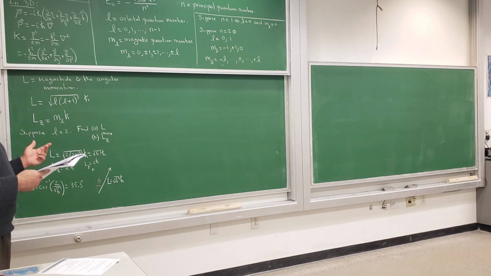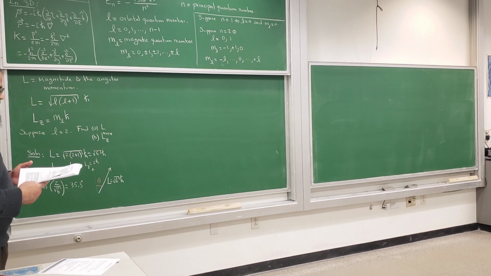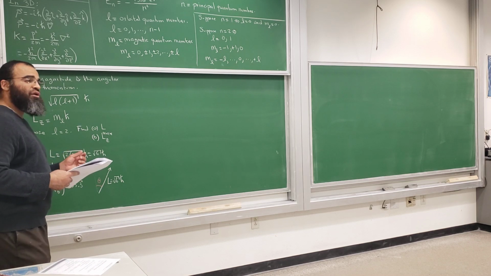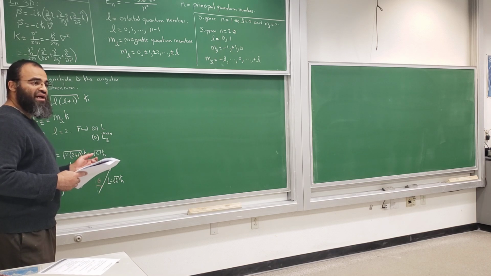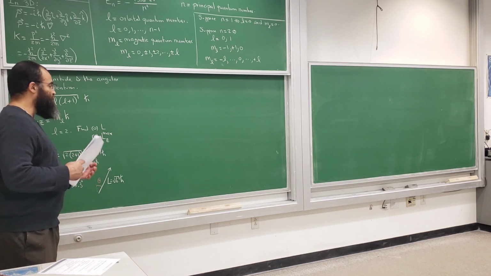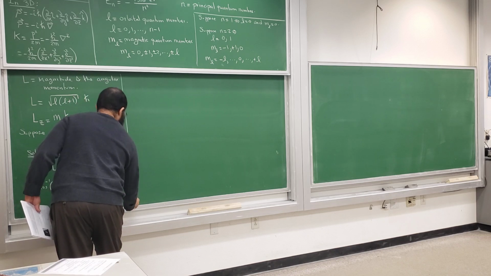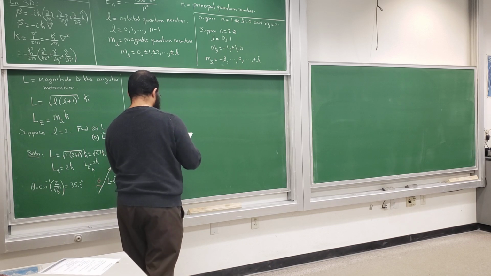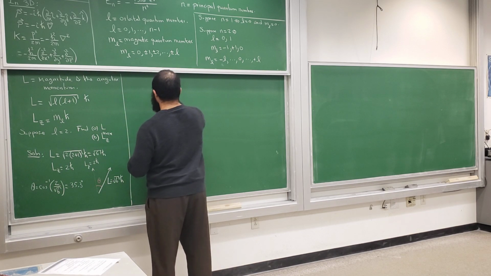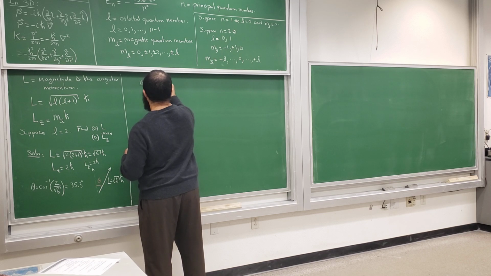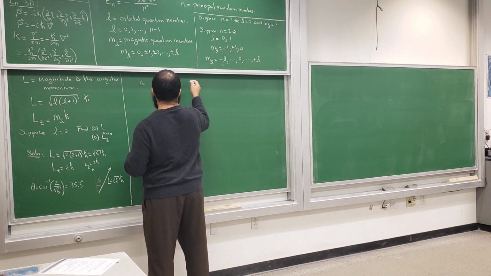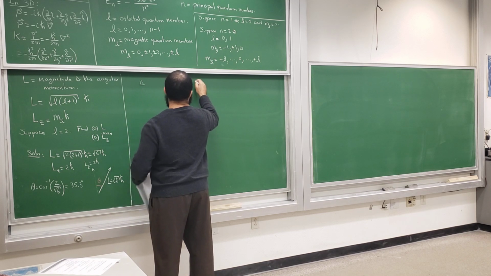Remember S, P, D, F, G, H, yeah. So states with angular momentum equal to 0, they're the S states. So let's just do a couple of examples here. N, L, and then the notation.